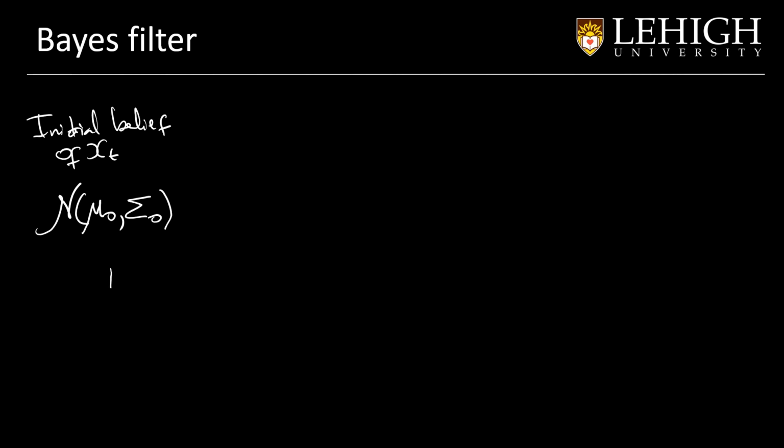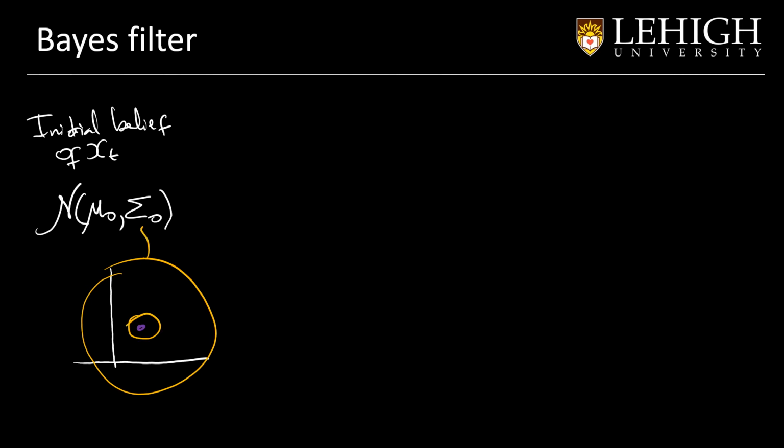Graphically, this is the coordinate system. Our robot is here, or that's where we think the robot is, but we are not sure at all. So maybe the robot is around the circle, or if we have a pretty good estimation, we can say that it is around this ellipse, and the ellipse is associated with the covariance matrix.